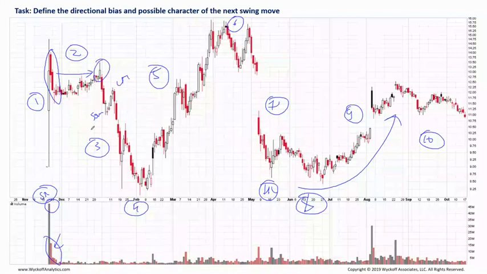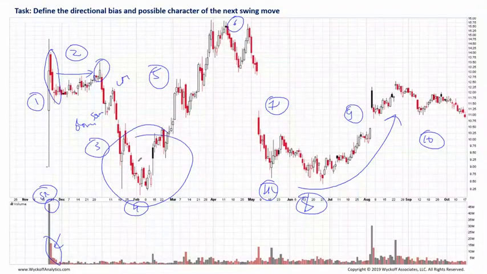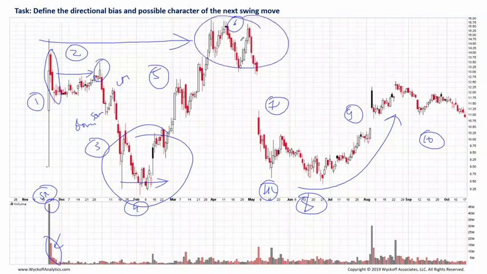So bias now is to the downside for sure. Element number four, accumulation, very short accumulation. So we're not expecting a prolonged trend here. Our target is here. As we come there, there's another element here with another sign of weakness, and then a drop to the downside into the higher low at 7.